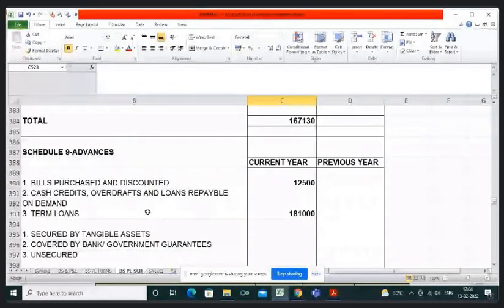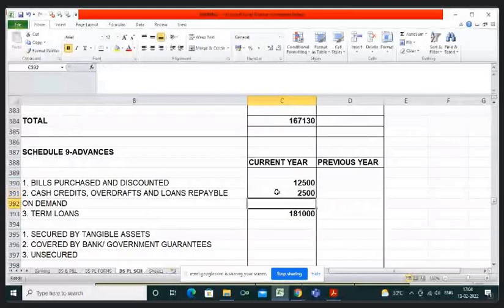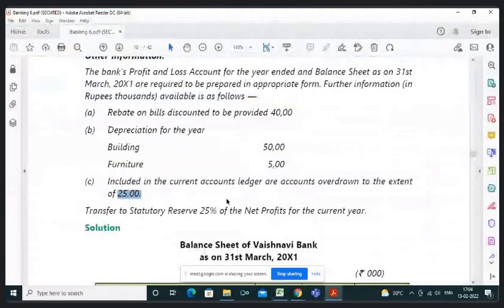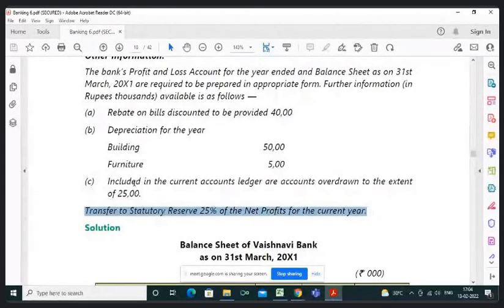Schedule number 9, cash credit, overdraft and loans repayable on demand. We can add an amount of 2,500. And then we have to transfer to statutory reserve 25% of the net profit. That, while preparing the profit and loss account, we will do. So essentially we have completed the trial balance and all the adjustments except this one adjustment of statutory reserve.